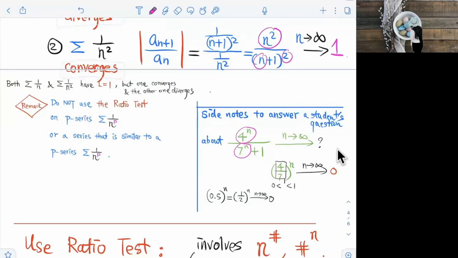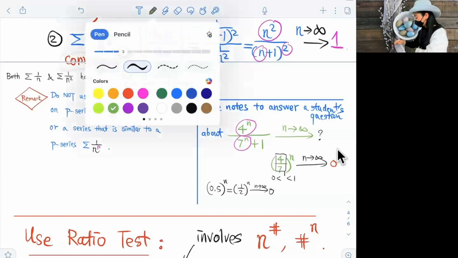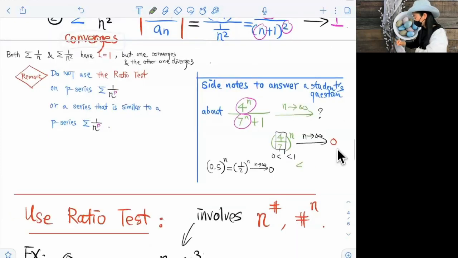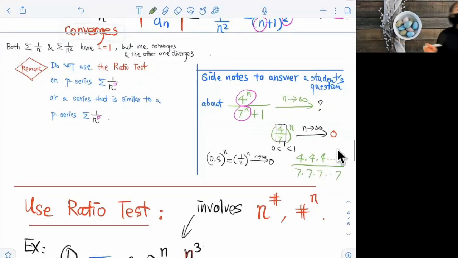So in the long run, it's 4 over 7 to the n power. As n goes to infinity, think about you keep on multiplying. Maybe I should write it the long way. So you're going to have 4 times 4 times 4, etc., and then down here you have 7, 7, 7. Okay, you guys can have this on this side.